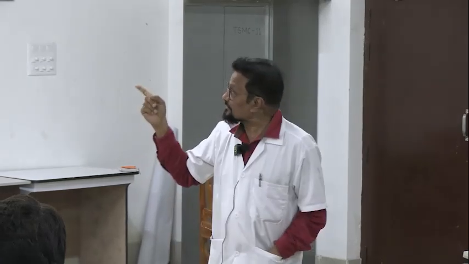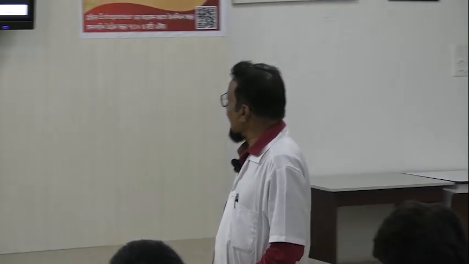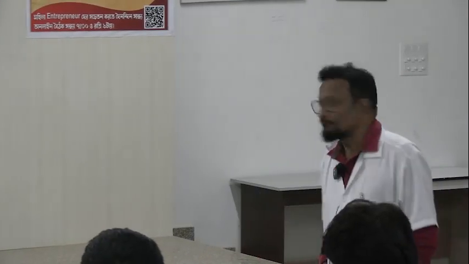This will initiate the extrinsic path. So, what is this? Tissue thromboplastin. And next is C for calcium. Very simple. Calcium ion. And L for labile factor.